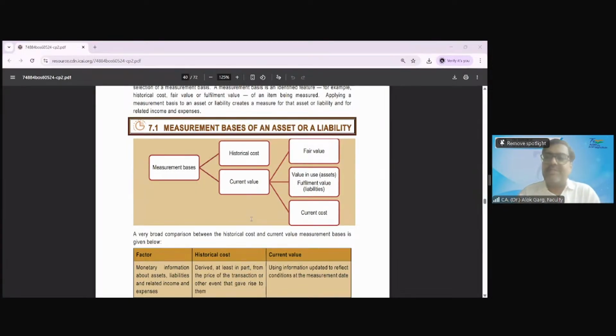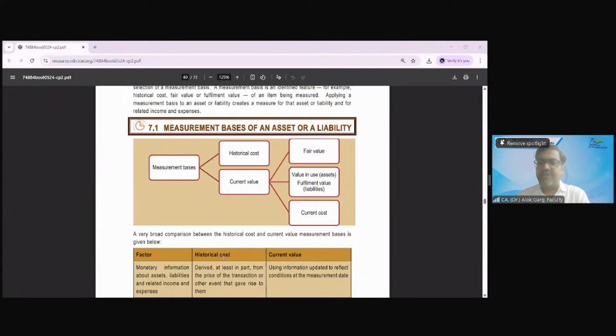What is meant by current value? For example, you purchased a car and the life of the car is 10 years. You purchased the car at 10 lakh rupees. So what is the historical cost of the car? 10 lakh rupees. Life is 10 years. At the end of the first year, if you have opted for a historical cost model, then what will you do?